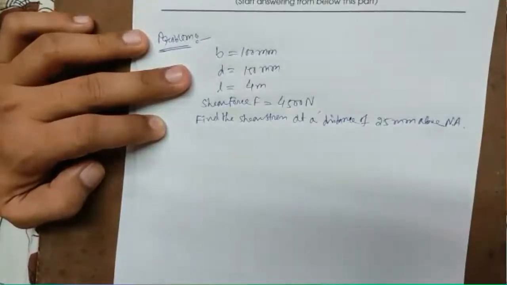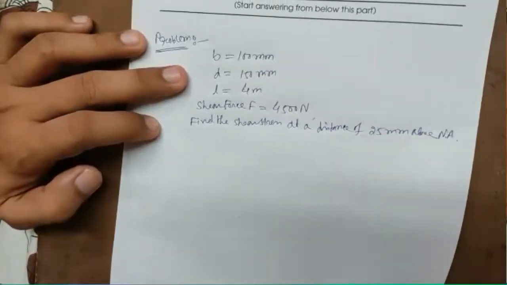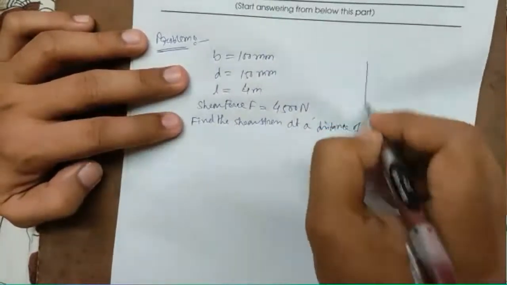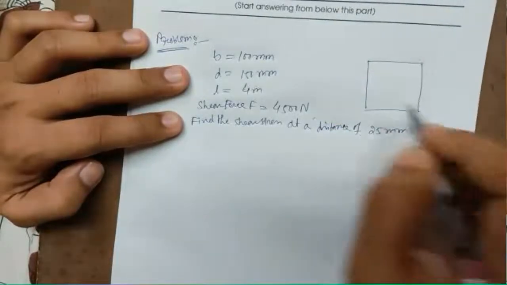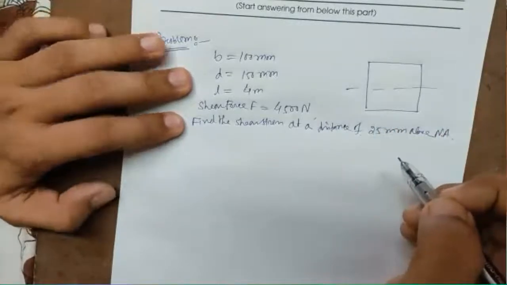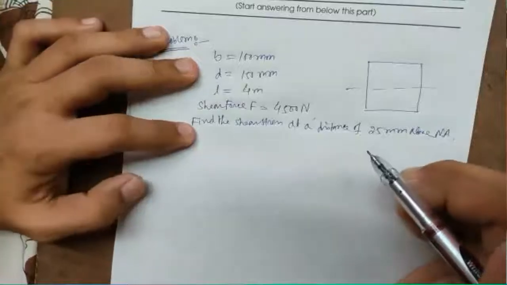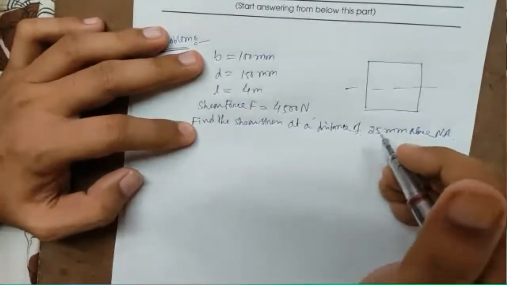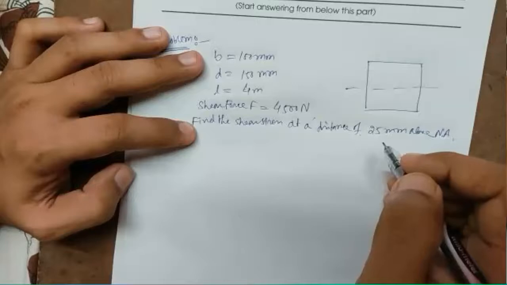Okay, so let us quickly draw the diagram. We will draw the cross section, that will be sufficient as length is given. Rectangular cross section. If nothing is given, you just go with rectangular cross section, no issues. And of course this will be rectangular as wide is given and deep is told.